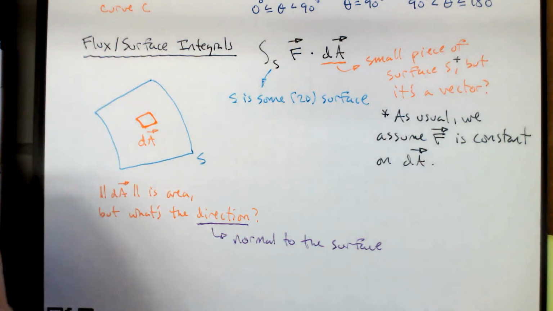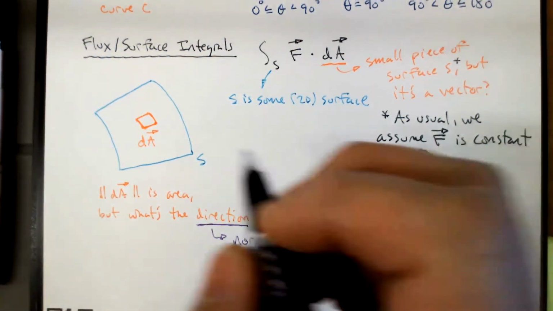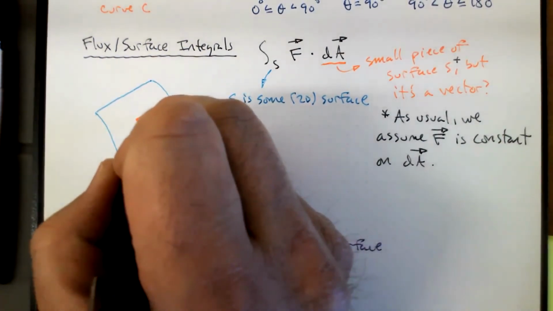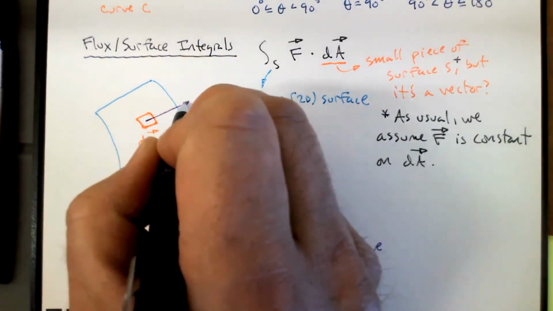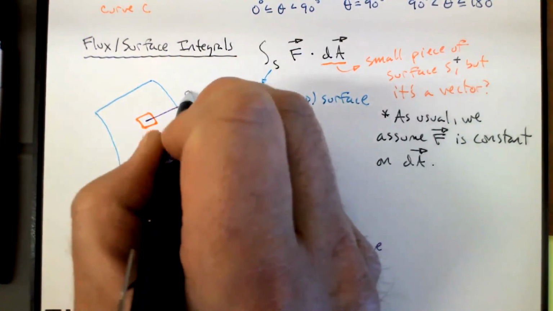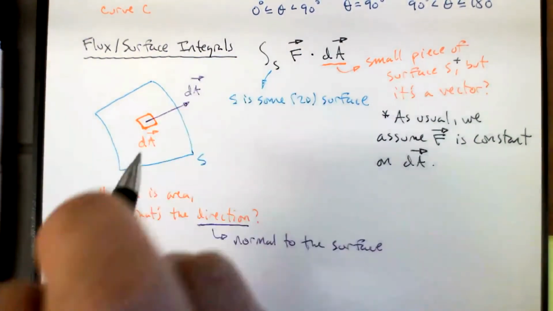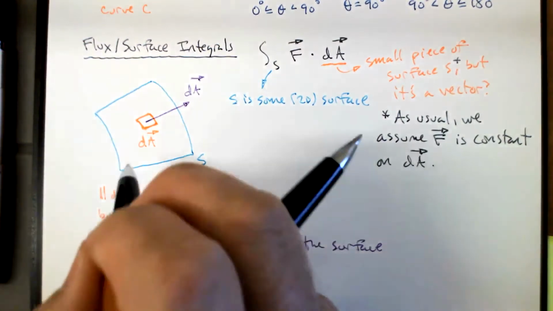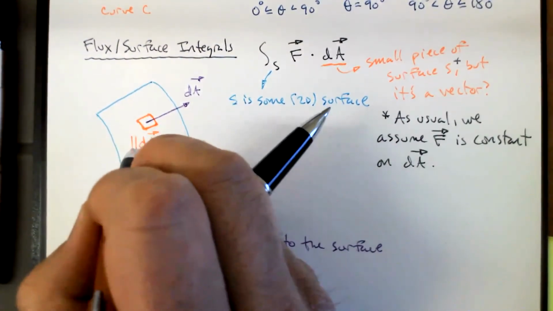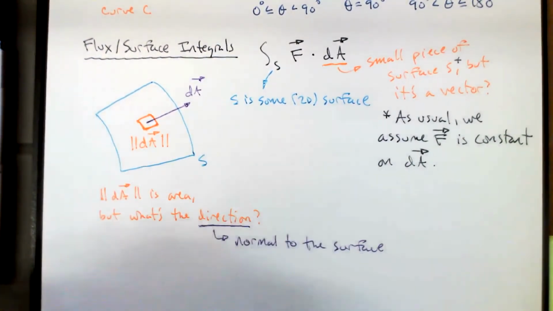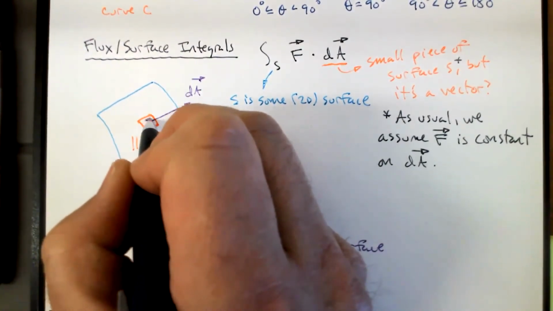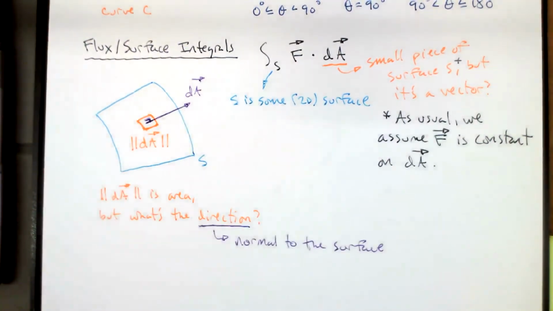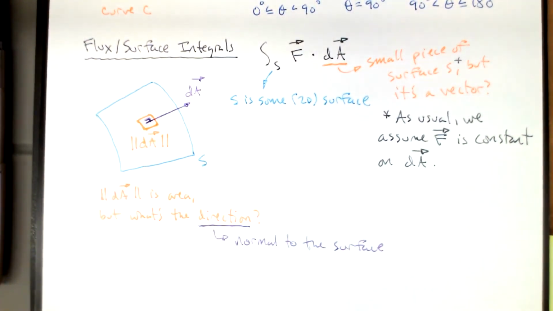The magnitude of dA is just the area, and we're going to give it a direction normal to the surface.